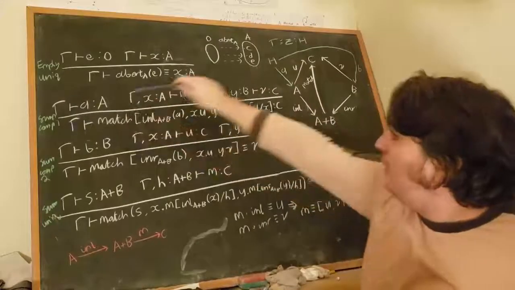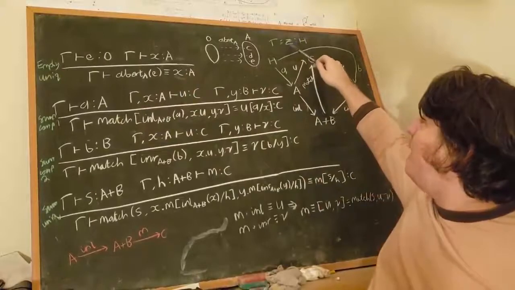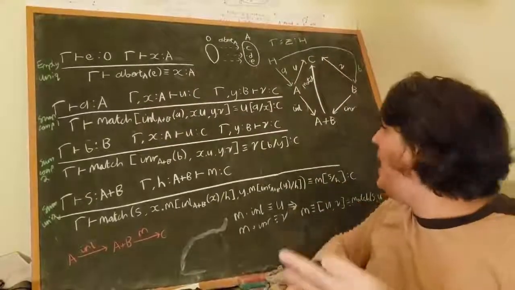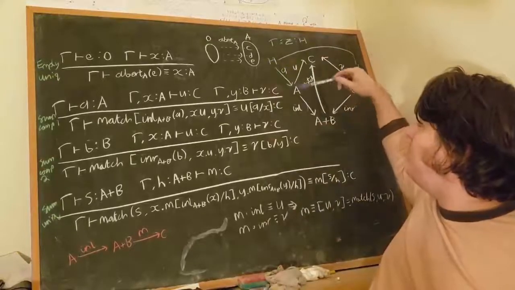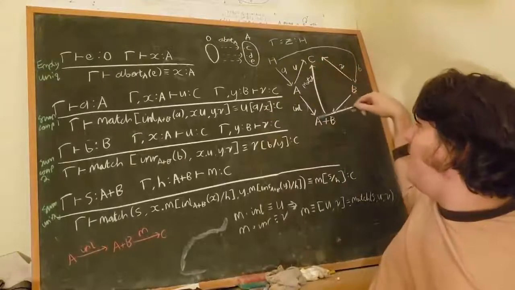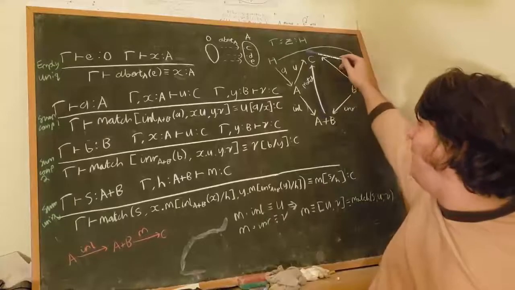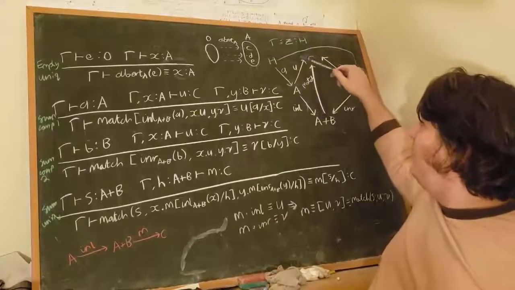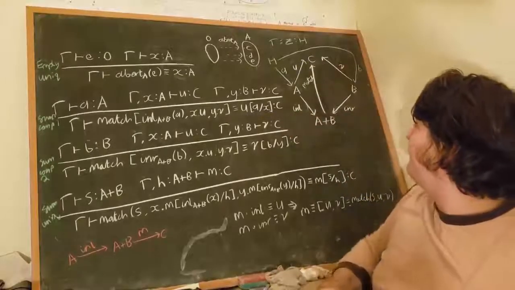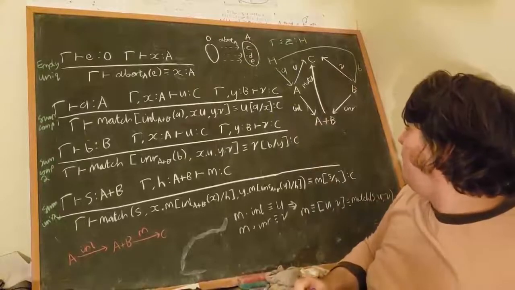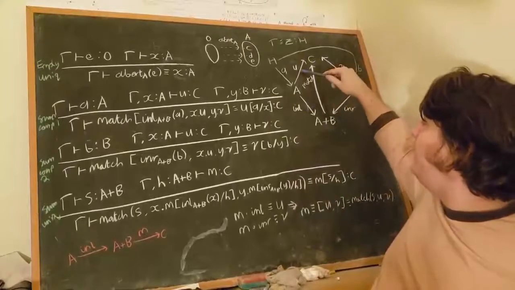If we consider this situation where gamma is just this context where we just say we have a variable z of type H, then what this is saying is that if we do the left injection on A here, and then we do this match function on that, then that composition will be the same as the composition of u after a, which is this. So it's essentially saying that doing the match function after the left injection gives us u.